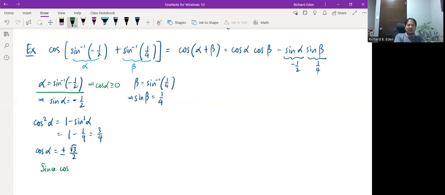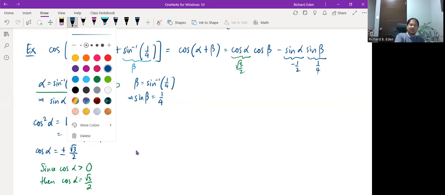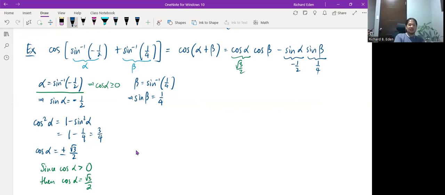Since cosine alpha is positive, then cosine alpha is the square root of 3 over 2. So let me put in here square root of 3 over 2. The only other thing we need is cosine of beta, but it's a very similar story.